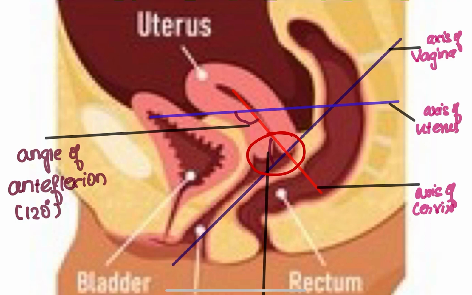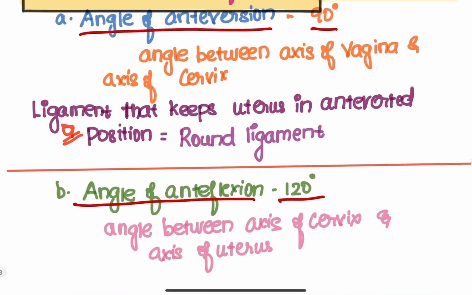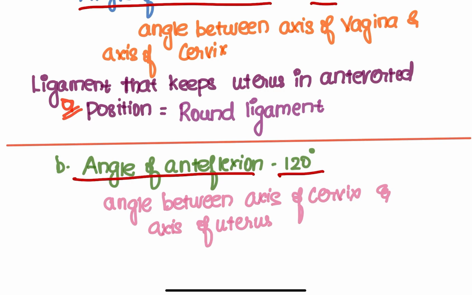Let me show you in the diagrammatic representation here. This long line is the axis of the vagina and the short line is the axis of the cervix. The angle made between these two axes is the angle of anteversion, and it is 90 degrees. Is that clear?